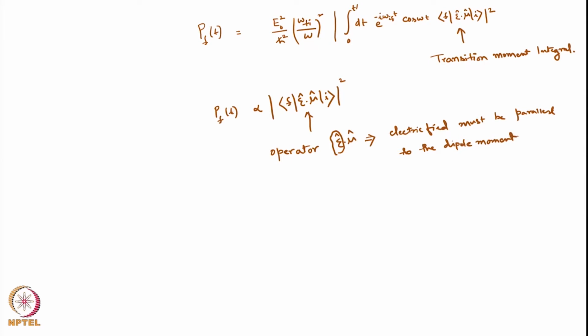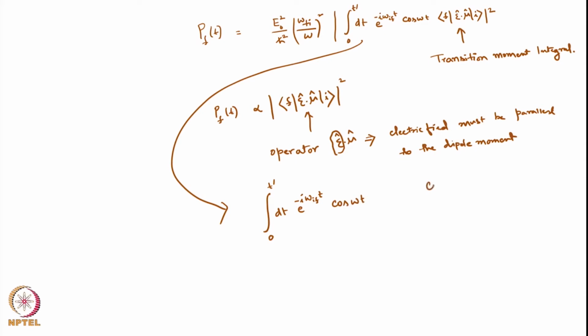Now, apart from that there is this integral, 0 to t prime dt e to the power of minus I omega if t cos omega t. I am going to manipulate this integral a little bit. Now, we know that cos omega t is equal to half of e to the power of I omega t plus e to the power of minus I omega t.